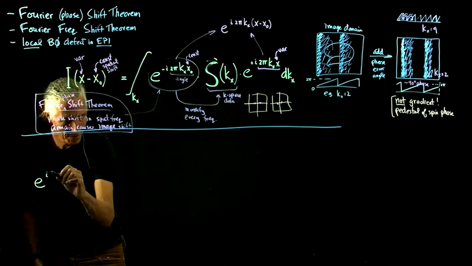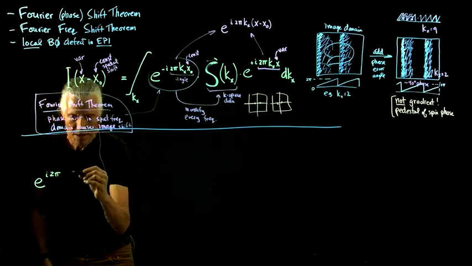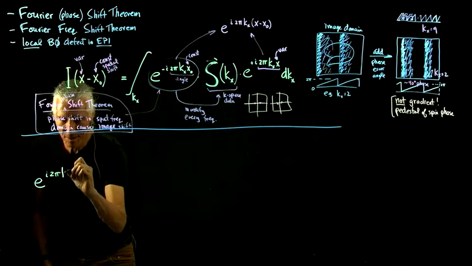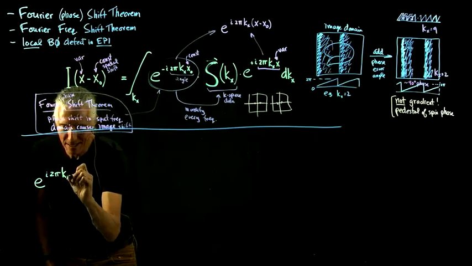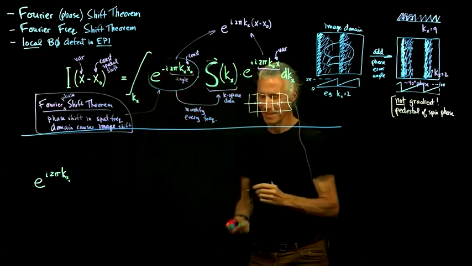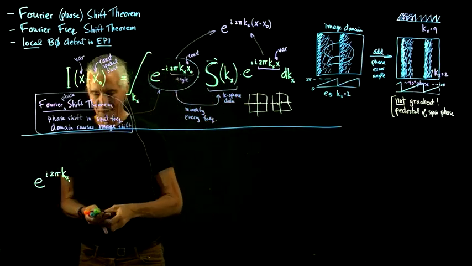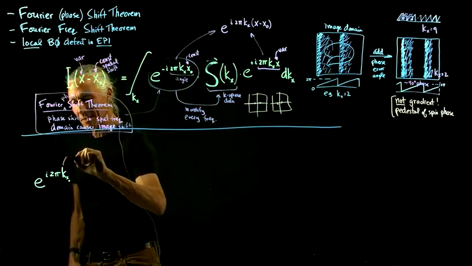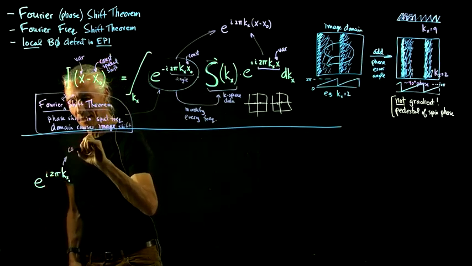e to the i 2 pi kx, and then a subscript on the subscript, kx0. So that's a constant frequency shift.